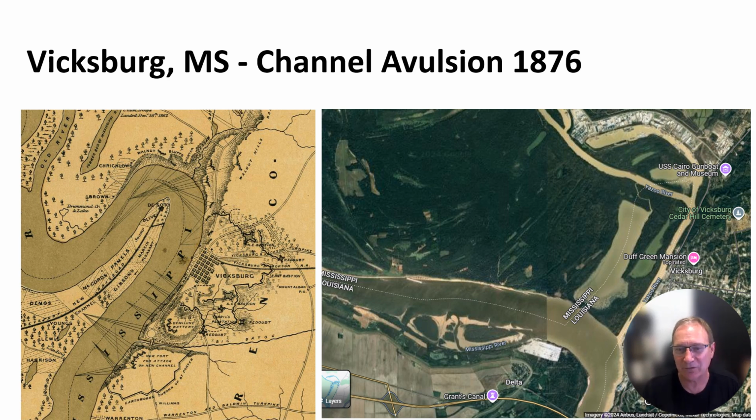Now, over 25 years, you can imagine how much business went away. People adapt to different things. They learn new ways to do things. And so the city of Vicksburg never fully recovered from what it once was. Between the destruction of the city during the American Civil War and certainly the loss of the port for about 25 years because of the change of direction of the Mississippi River, because of channel avulsion, that's caused mostly the demise of Vicksburg.